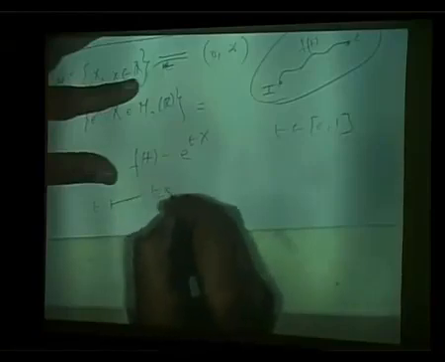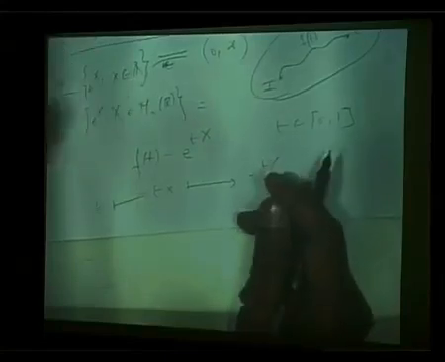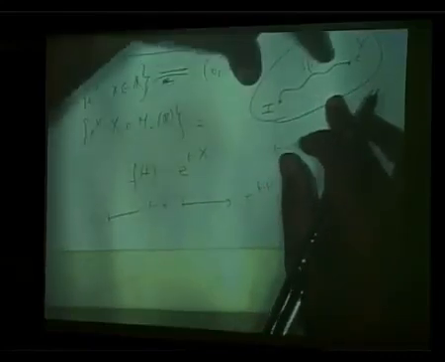We know that the exponential function is continuous. You can think of this as a composite of two continuous functions: t going to t times x, and then you take the exponential function. We know that the exponential function is continuous on all matrices, so the composite is continuous. So there is a continuous path of matrices.